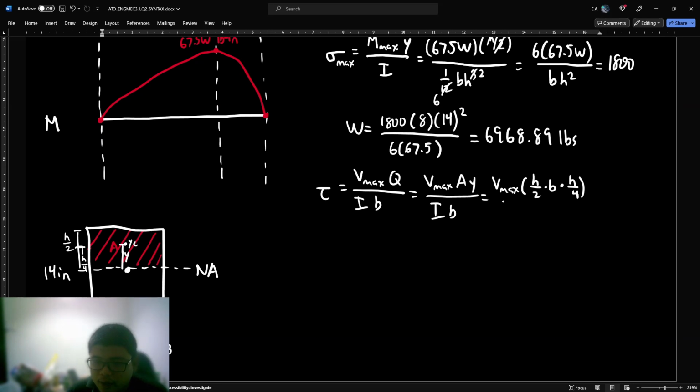This is your AY divided by 1/12 BH cubed times B. So you could cancel B, cancel H and H, so this becomes H times 1. And this becomes 3 if you cancel 12 and 4. This becomes 3 V max over 2 BH. And V max is going to be 2W.